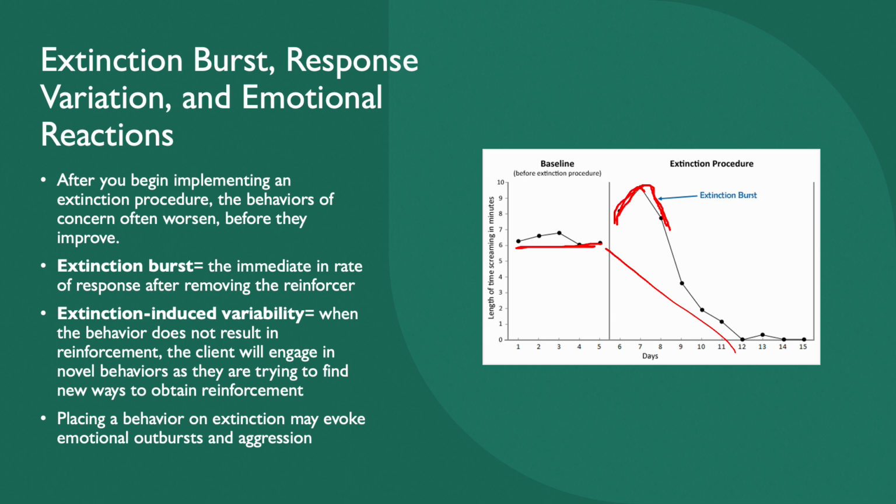And then the third thing you need to be concerned about is that extinction really is a procedure. You have to think about the ethics of implementing a procedure like this, because extinction leads to emotional outbursts and aggression in a lot of cases. Not always, but it's one of the secondary effects that is a pretty common effect, and it's not a procedure that feels great, right?